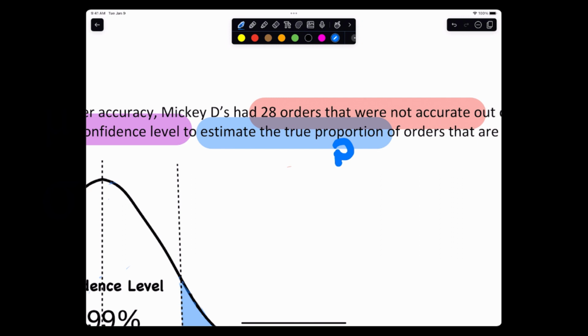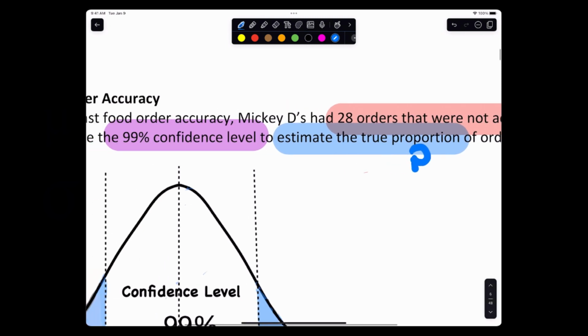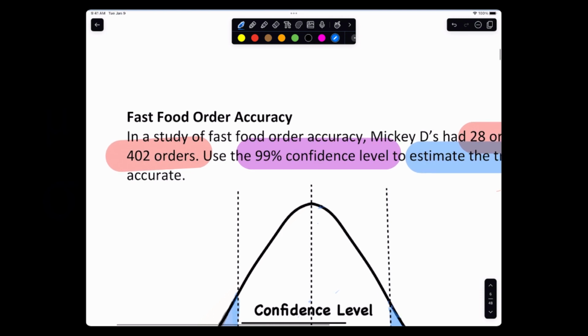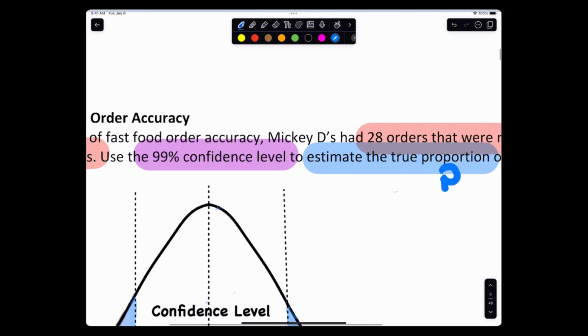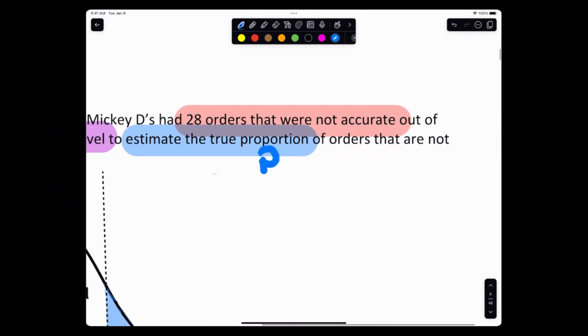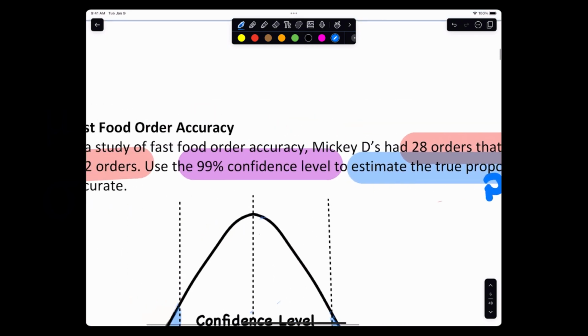From all Mickey D's, all orders, not just 402 in our sample size. You guys okay with that? You go, oops, you just told me the sample size, Mr. Judge. Well, how can we figure this out? They had 28 orders that were not accurate out of what?